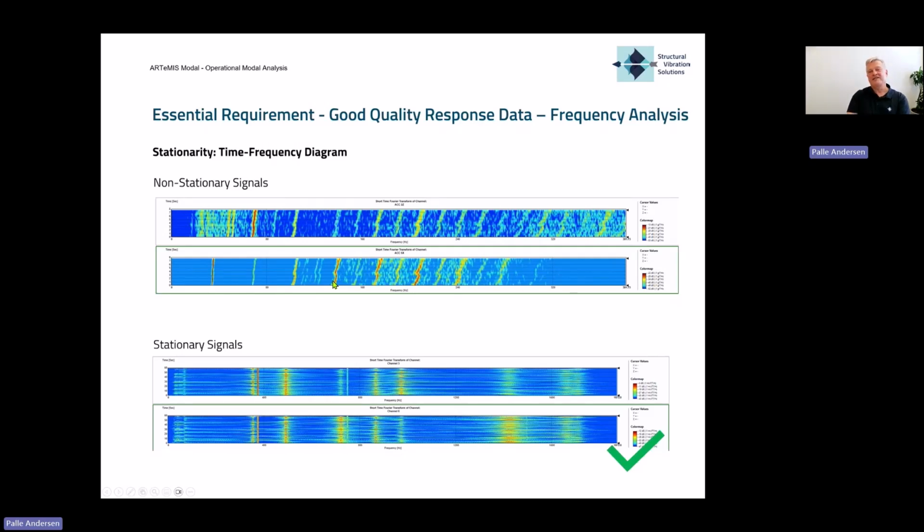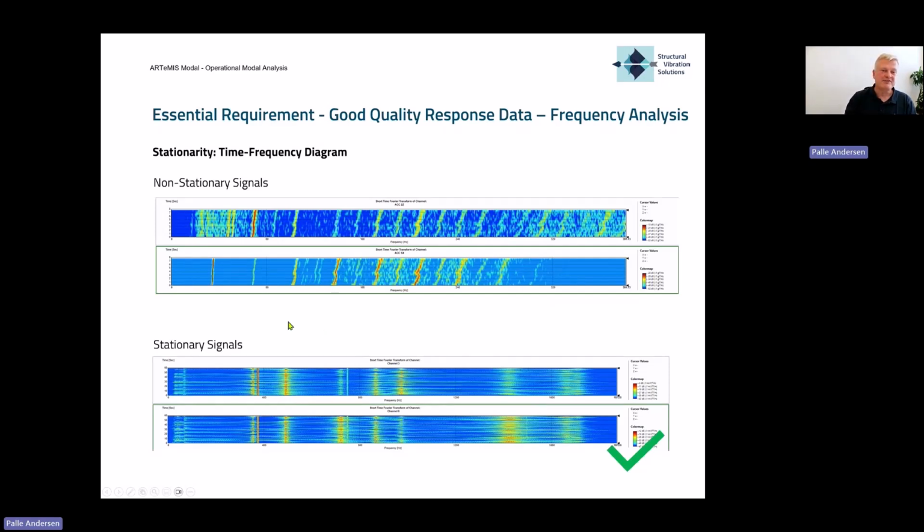So that means that in this case here, the mode or the order of the rotating component or whatever it is we are looking at here is increasing in frequency as time is passing. And this is a non-stationary signal, and this is definitely not good for operational modal analysis, because we assume that things are constant throughout the analysis.